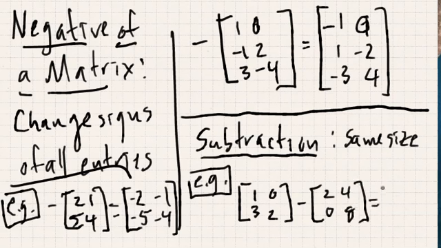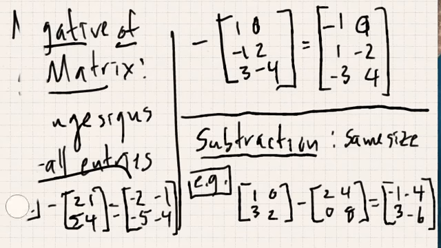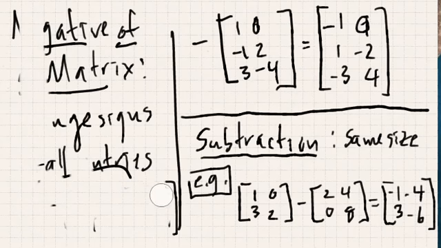Well, one thing you can do is just take 1 minus 2 and get negative 1, 0 minus 4 and get negative 4, 3 minus 0 and get 3, and 2 minus 8 and get negative 6. Just subtract component-wise.